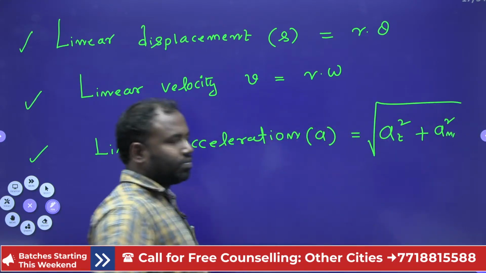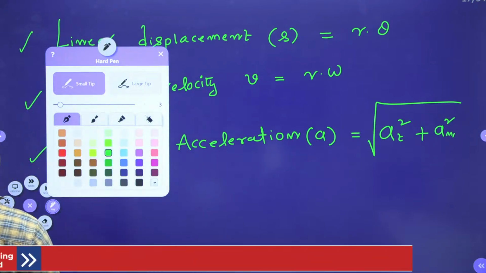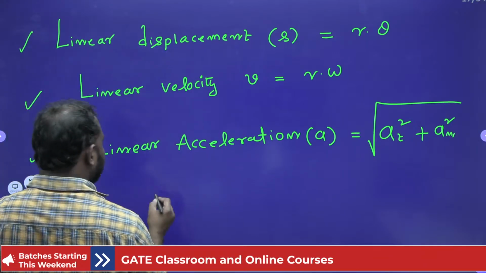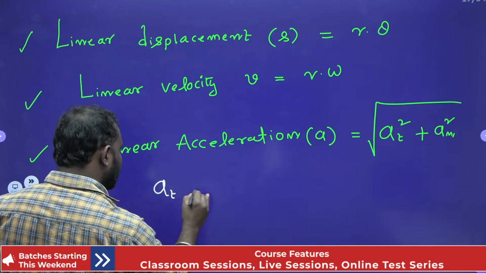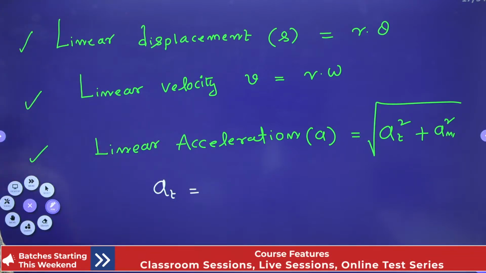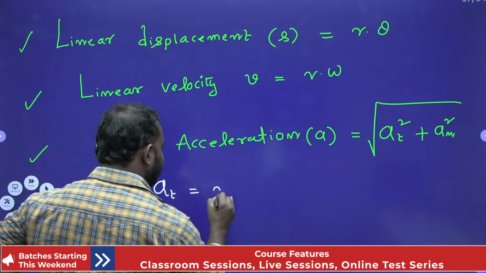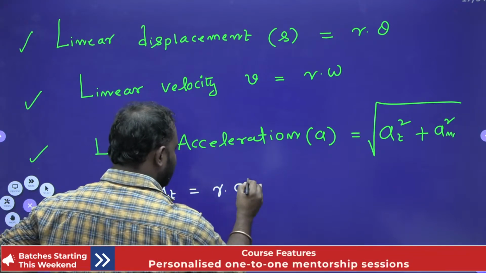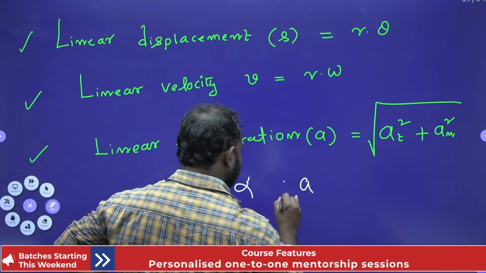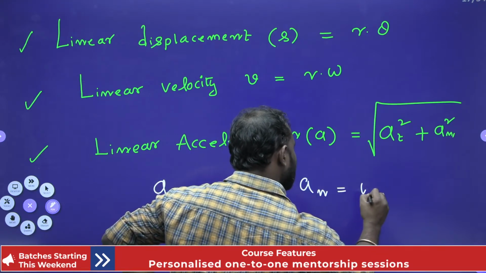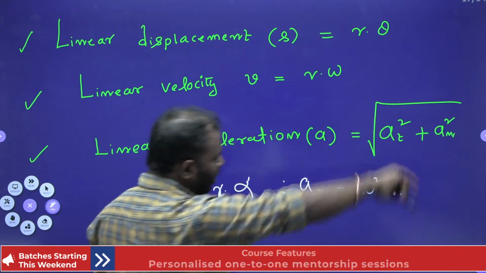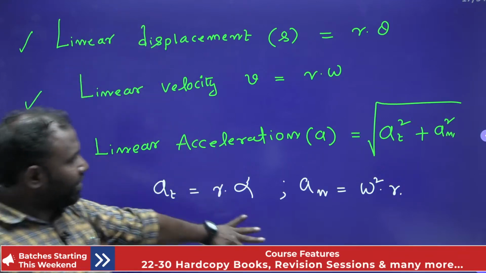From here I will write my AT is equal to r into alpha. Now my AN is equal to omega square into r.